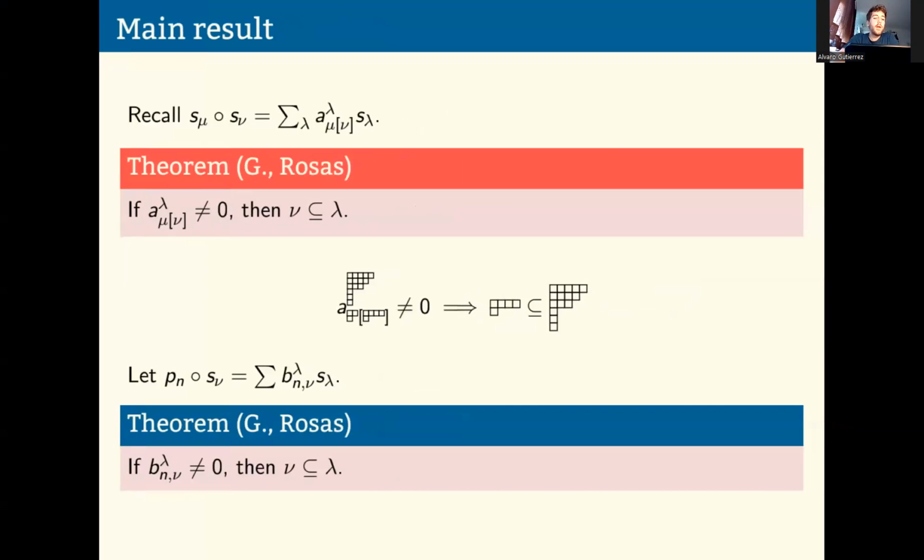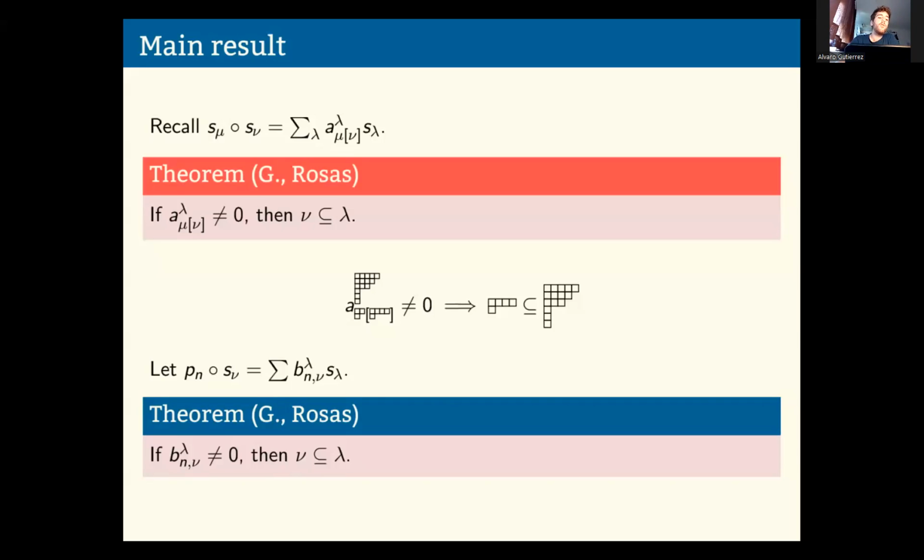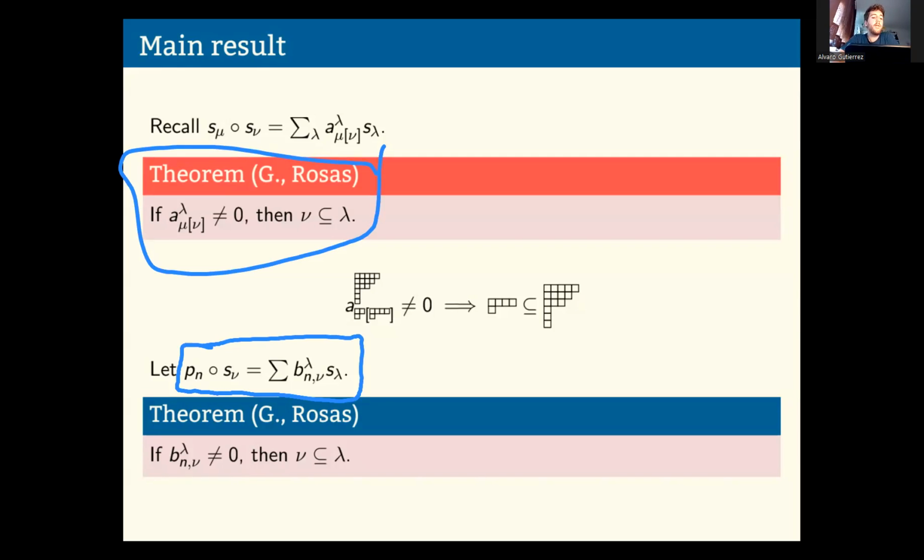Another result that we got is that, so we had 2 intermediate results to get to this that are also relevant in their own right. The first one being what happens if you do the plethysm of a power sum symmetric function with a Schur function. Then these coefficients are non-zero, again, if nu fits inside lambda.